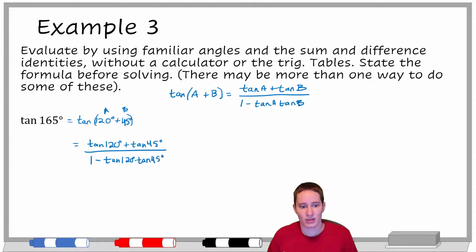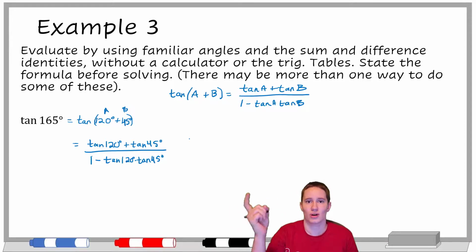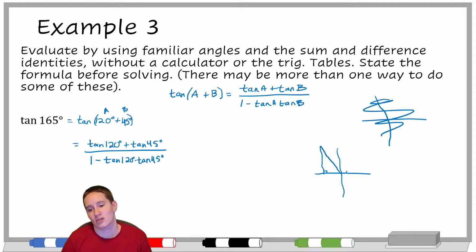Now, tangent of 45 is a really nice number. Tangent of 45 is 1, because you do opposite over adjacent of the two sides of your 45, 45, 90 triangle, which are the same. So I know that. Well, let's think about what 120 is. So this is 120. It gives us a reference angle here of 60. So this is square root of 3, negative 1, and 2.